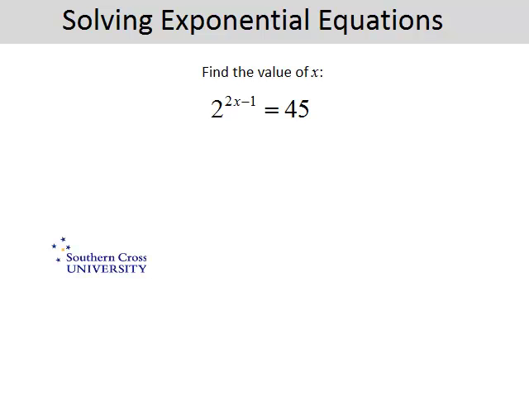This next one, the exponent's a little bit more complicated, so the solution has to be a little bit more complicated. But we do have just a single exponent on this side that's not being multiplied by anything else, so we can proceed to just take the log of both sides.